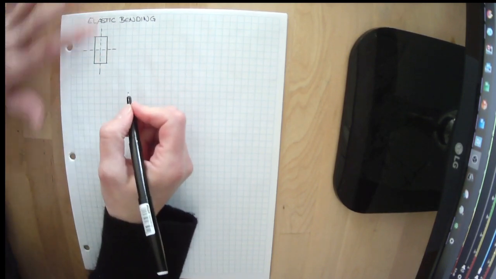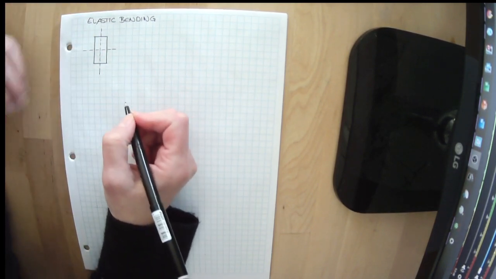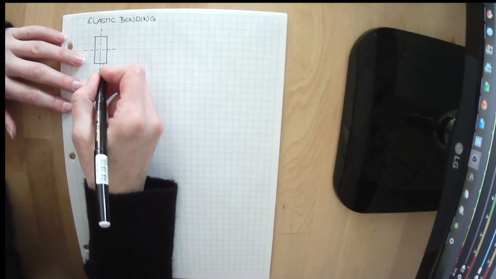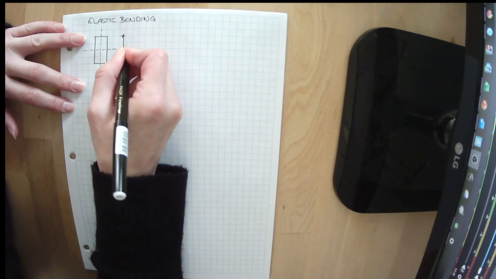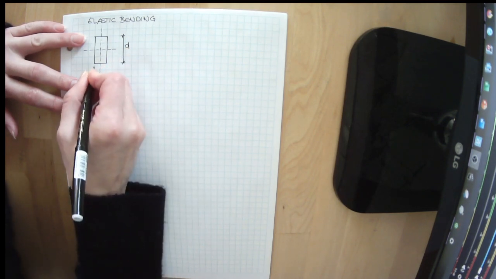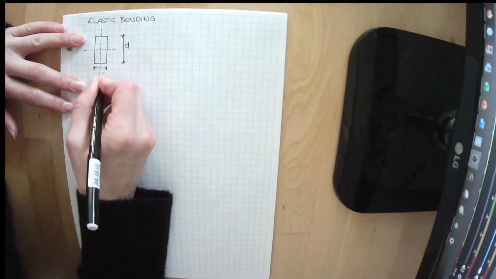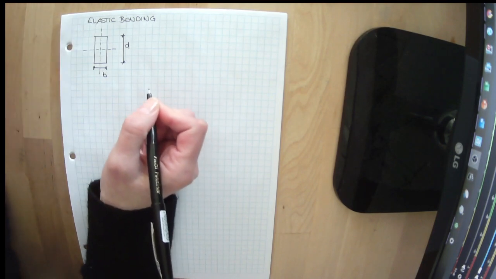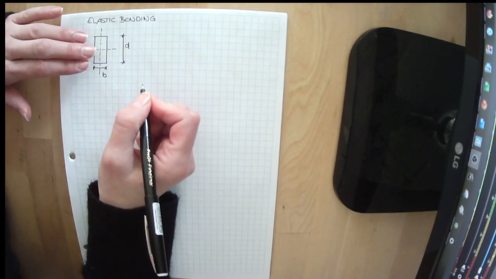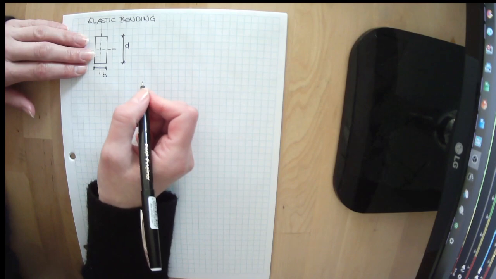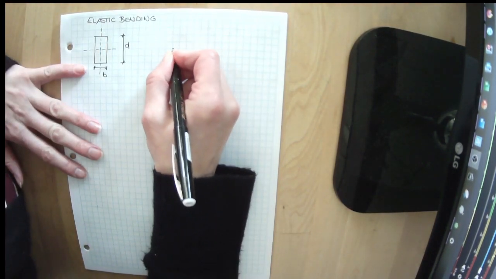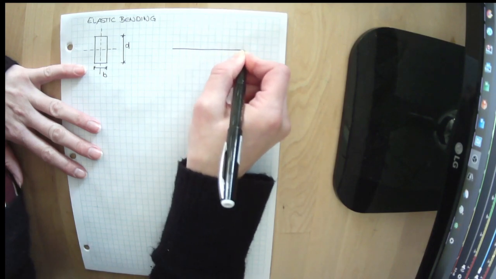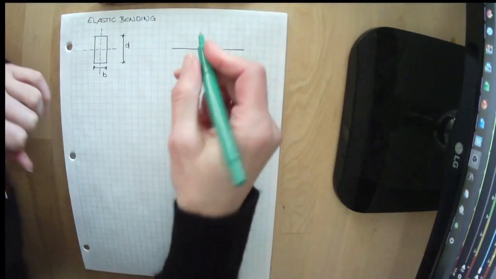We've got two neutral axes normally in most things, and we're going to call this dimension D, and we're going to call this dimension B. So this is the cross section of a rectangular beam, and what we want to look at is what's happening to this beam here.